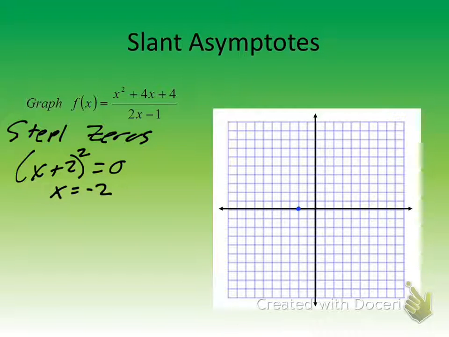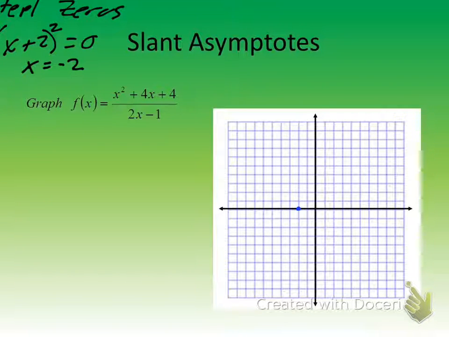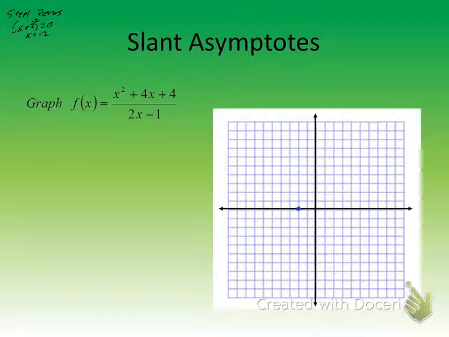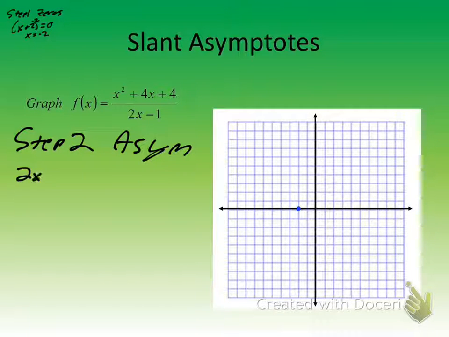Everybody good with that? I'm gonna shrink it, alright? Are we still finding the other asymptotes? Yes. Step 1, way up there. Step 2, your asymptotes. First one, vertical, which is your denominator equal to 0. Add 1, divide by 2, x equals 1/2. So you have a vertical asymptote at 1/2. Yeah, these can be ugly.